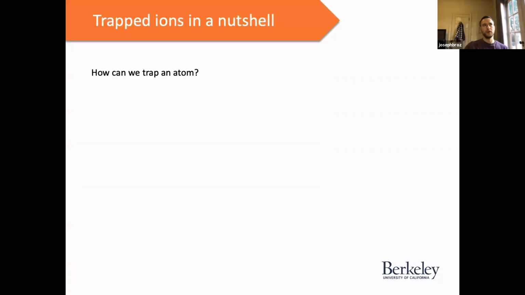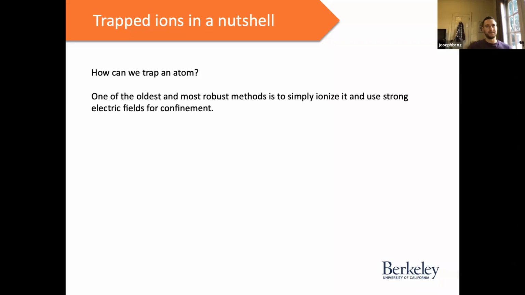gates. Okay, so I'm going to give a very brief, abbreviated idea of how we actually trap ions in the lab. This is going to be quick, down and dirty, but please ask questions if you have any. So how can we trap an atom?